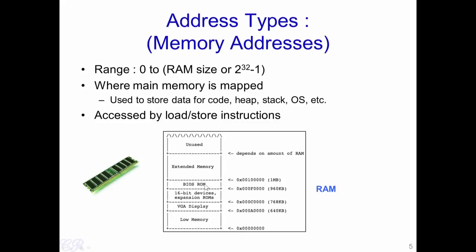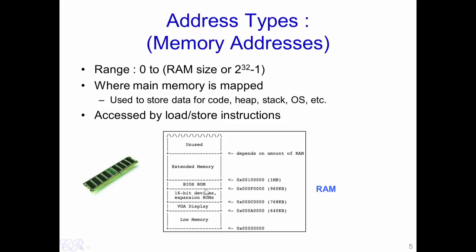As many of you would know, BIOS is the basic input output system, and it is a read only memory which is present on your system, and it ensures that your system boots correctly, and it also ensures that your operating system gets loaded.